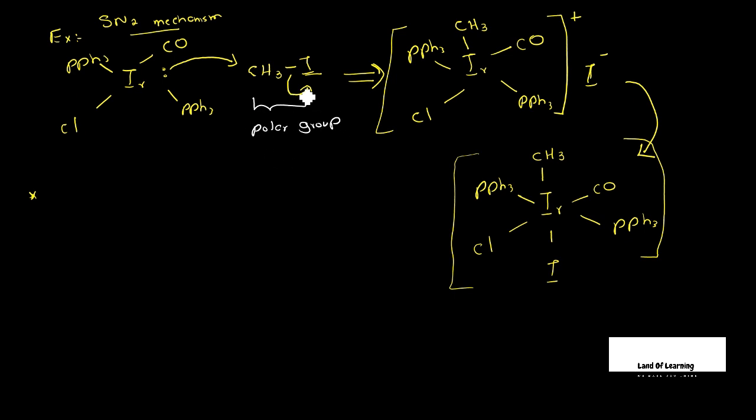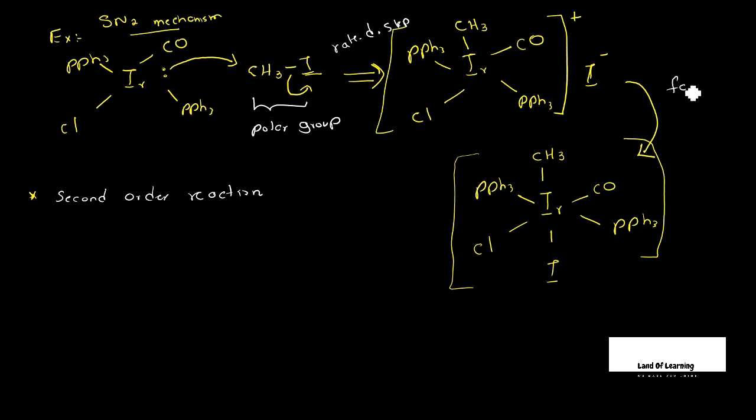Because of this polar group, it goes for the SN2 mechanism. You need to remember that. And again, this is a second order reaction with 2 steps, but the rate determining step is the first step.